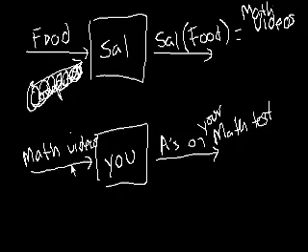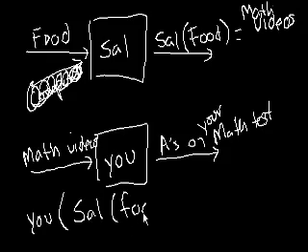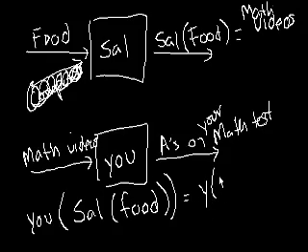So let's think of an interesting problem. What is U of Sal of food? I know this seems very ridiculous, but I actually think we might be going someplace. First we would try to figure out what is Sal of food. Well, we already figured out if you put food into Sal, Sal of food is equal to math videos. So this is the same thing as U of, oh sorry, U, that's Y-O-U.